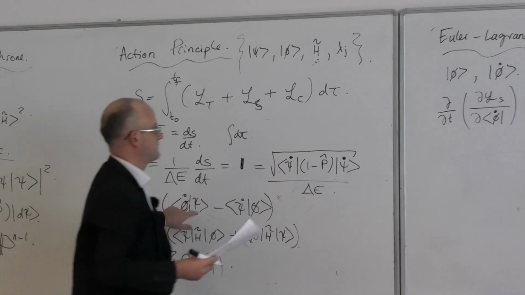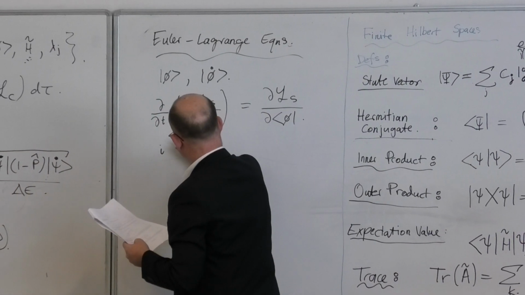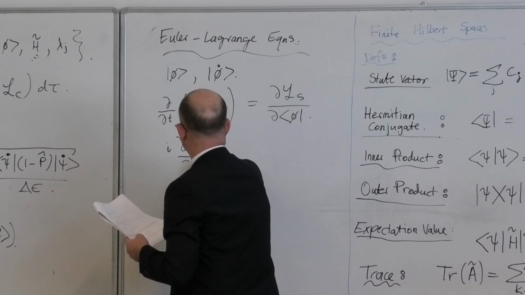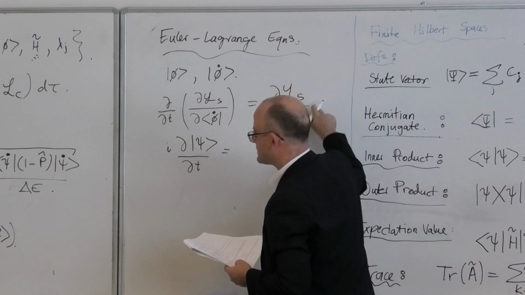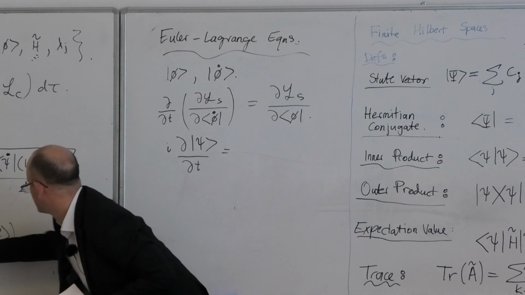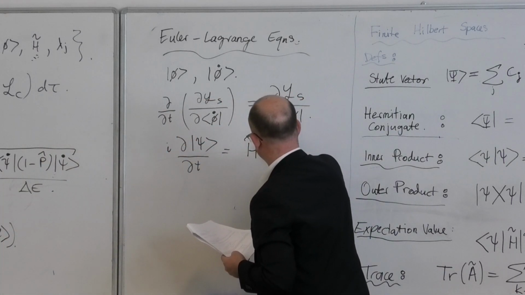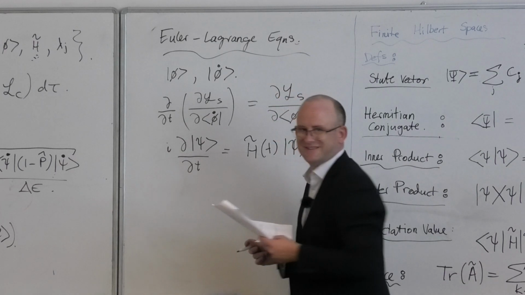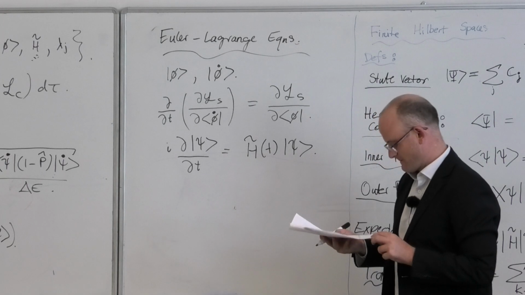So this bit will be i d psi over dt is equal to, now this part, it's just going to be this bit over here. So we have this equation. Wow, it's the Schrodinger equation. It's not amazing. Okay, so that's one part.